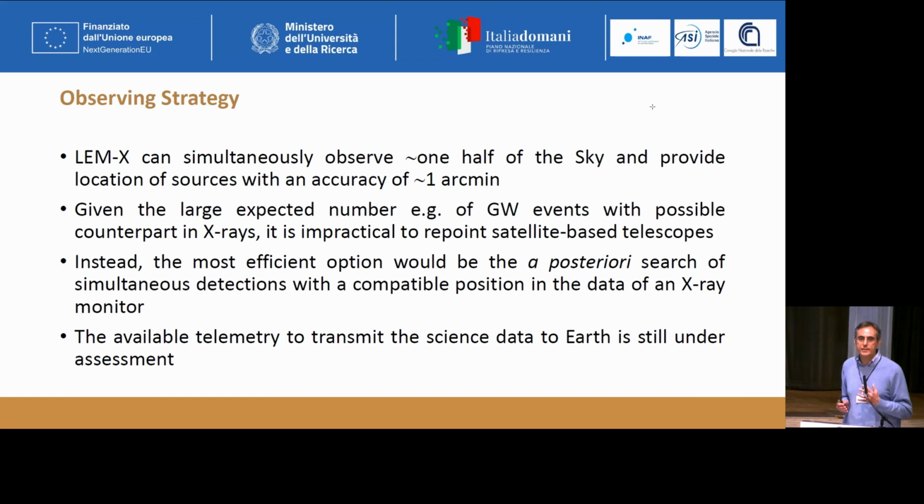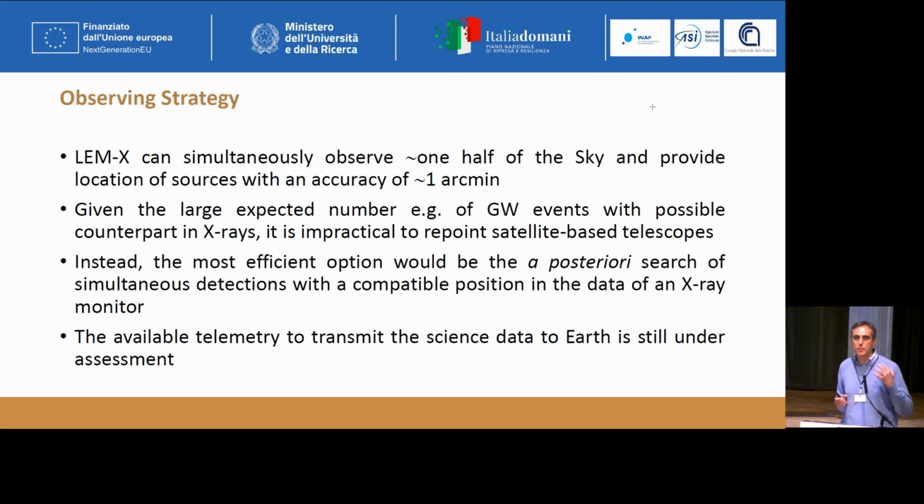On the opposite, we plan to monitor about half of the sky, and when a transient event or a gravitational wave event is detected, we can find the simultaneous event in time in our data, and find if we have the counterpart in X-ray directly in our data.